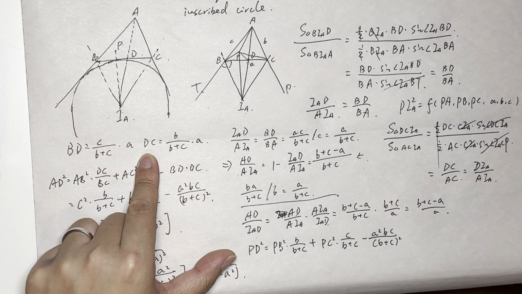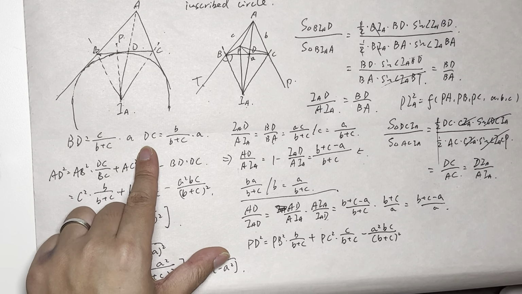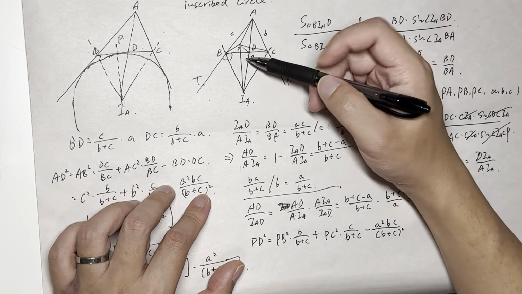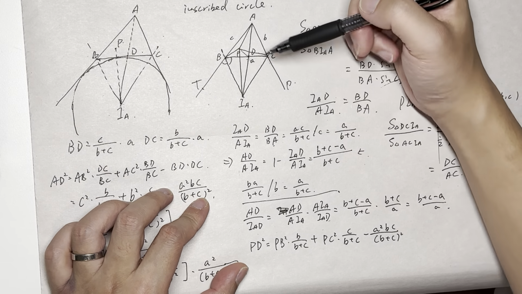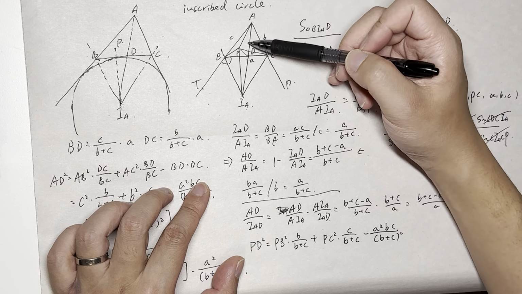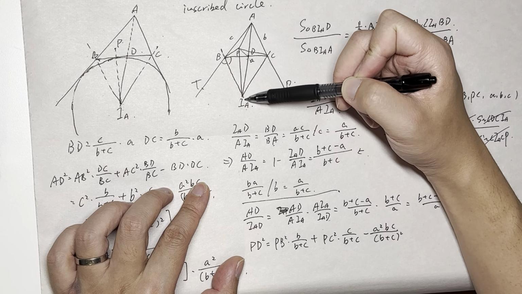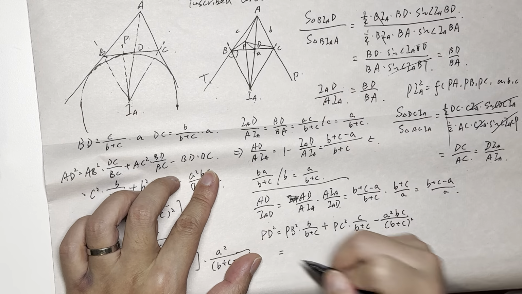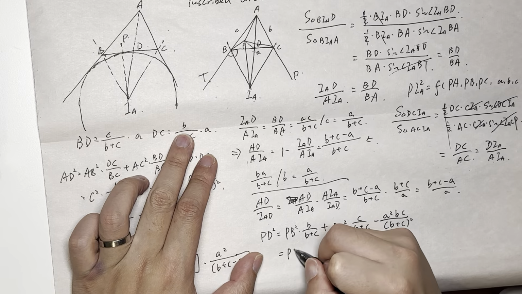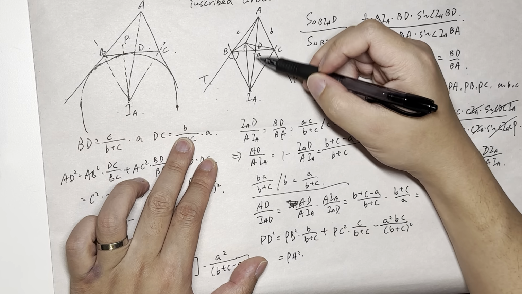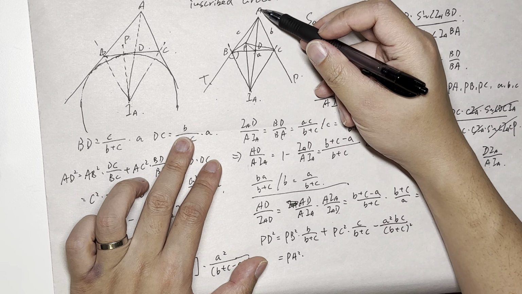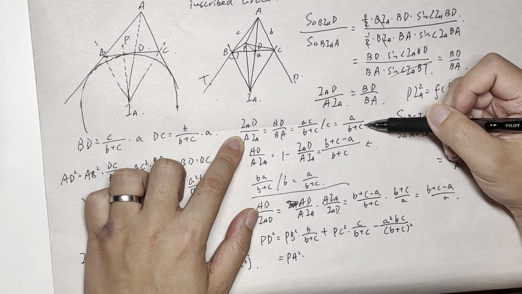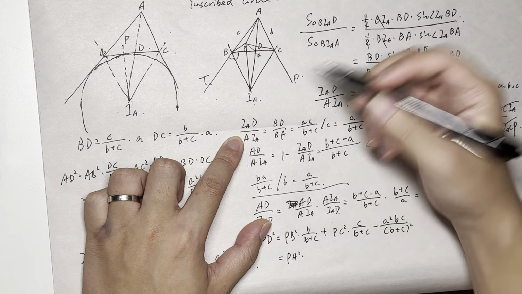That is PD square we find from the triangle PBC, right? And we can still find the PD square from the triangle PAIA, which equals PA square times IAD to AIA, right?